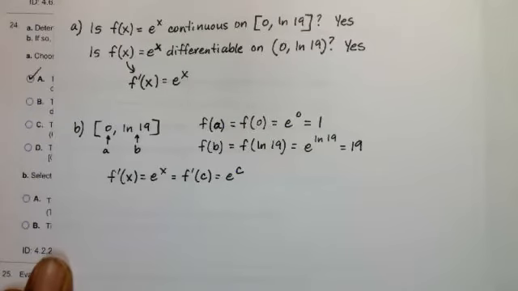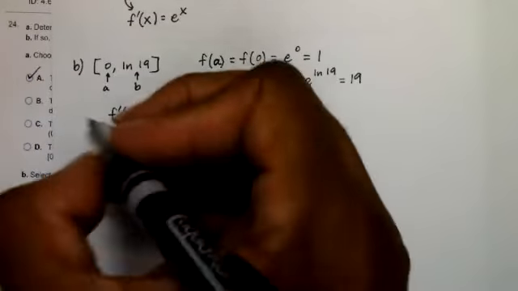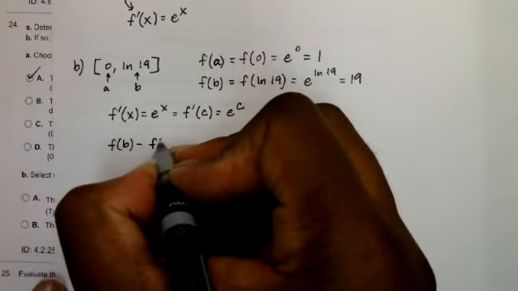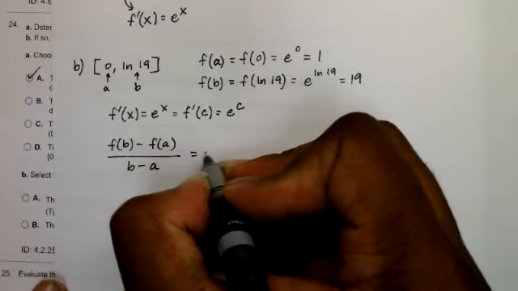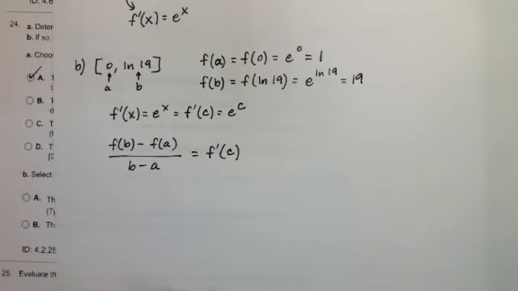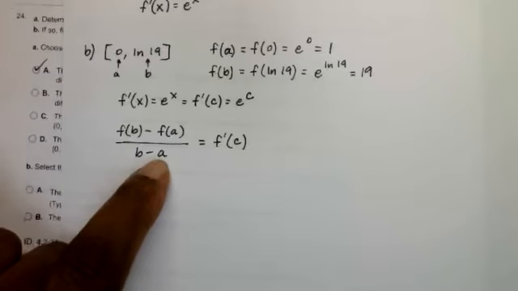And of course, the mean value theorem just says this: f of B minus f of A divided by B minus A has to equal f prime of c. So I would suggest you look over that mean value theorem. You'll find this here.